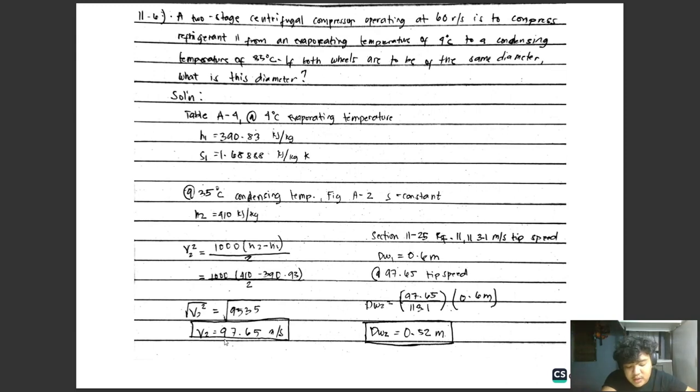At 97.65 tip speed, solving for DW2, DW2 equals 97.65 over 113.1 times 0.6 meters. So we have DW2 as 0.52 meters. So that's it for problem 11-6.